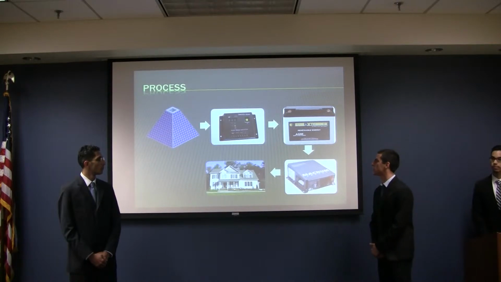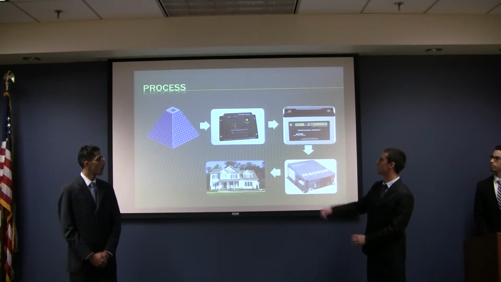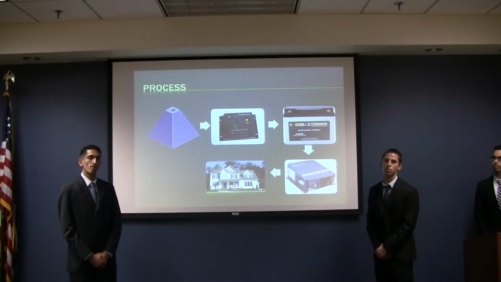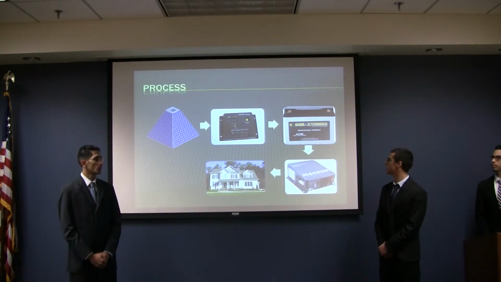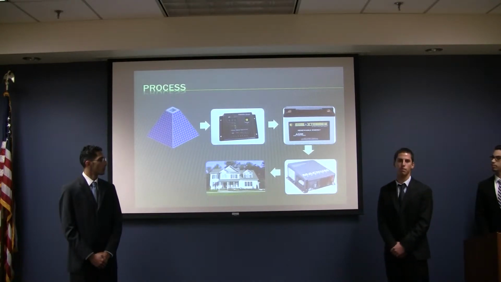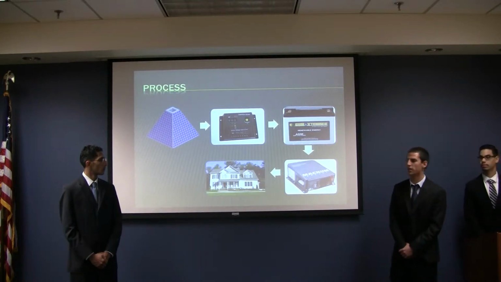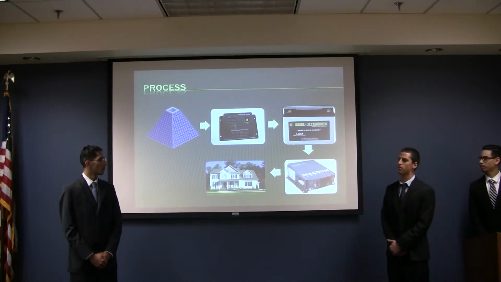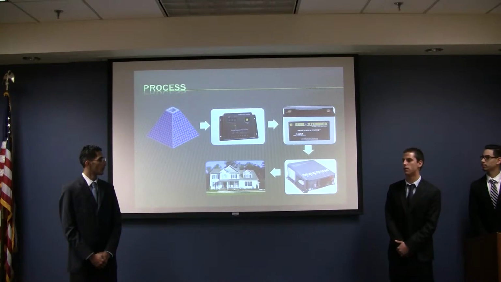Once the electric circuit captures the electrons, they move to the charge controller, which regulates the output voltage to the battery, so as not to overcharge the battery and damage it. The battery is where we store our energy, and DC power can be used from the battery, but since most appliances are AC power or 120 volts, we use the inverter to convert the low voltage to AC power.